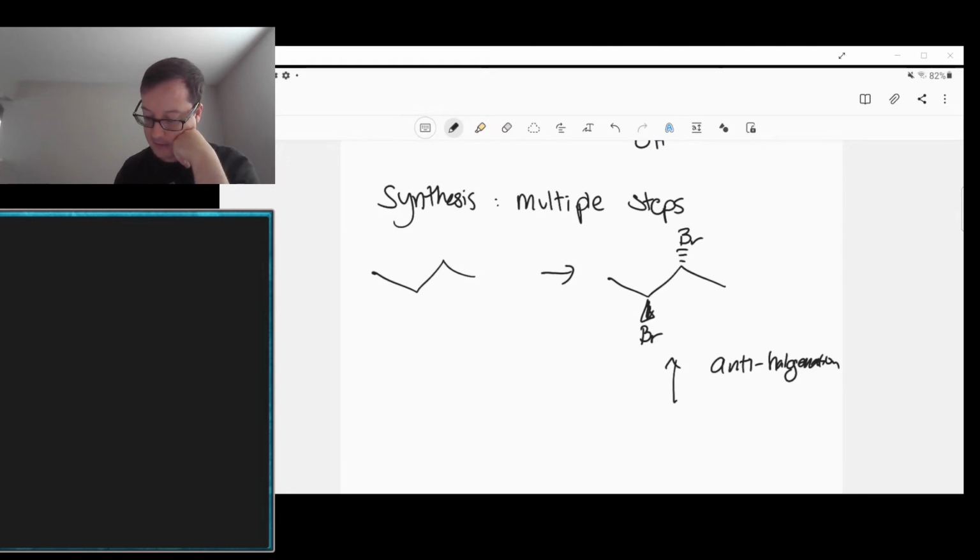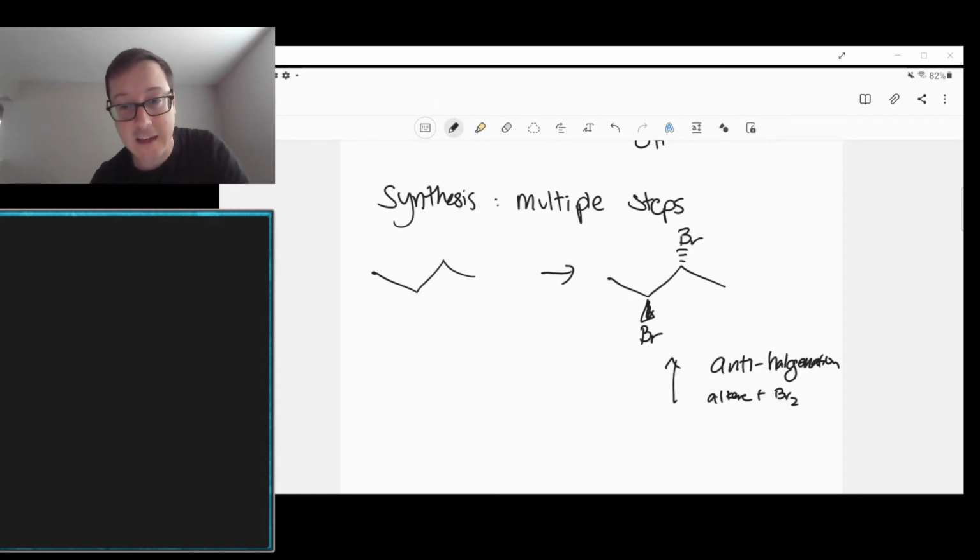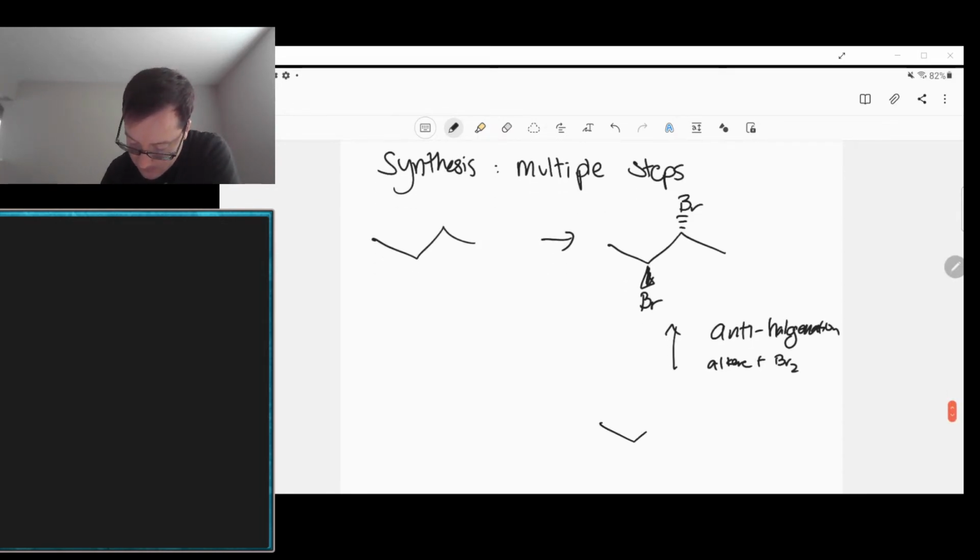We know how to do that. That's an alkene plus your halogen. And so we have to think then, what alkene would give us this? Well, we know that anti-halogenation puts bromines across a double bond. So therefore, the double bond that must be present before this must be this molecule.